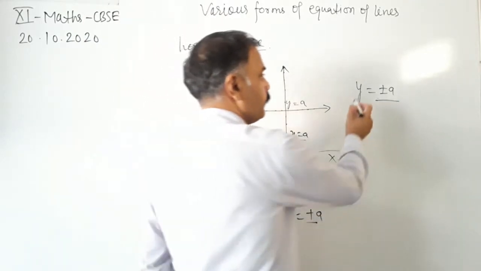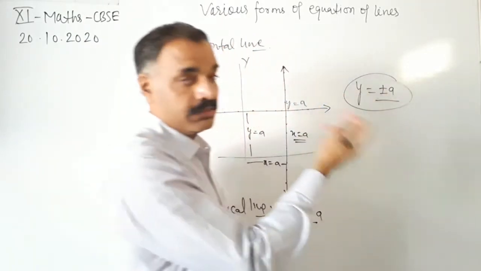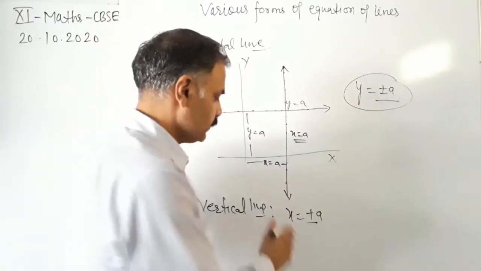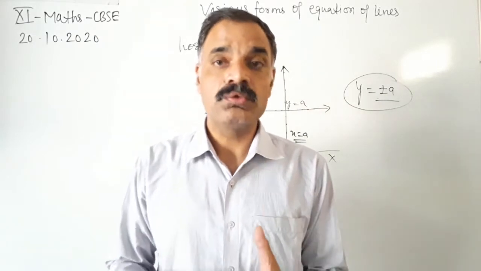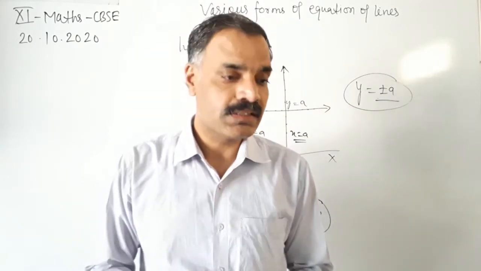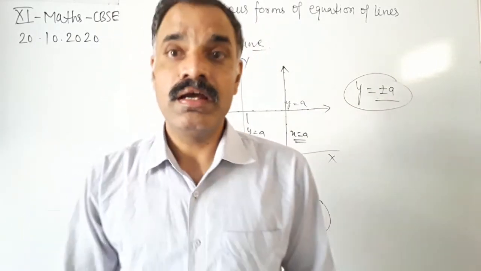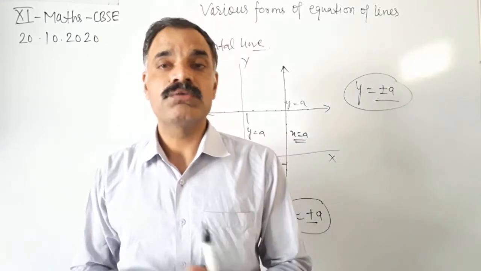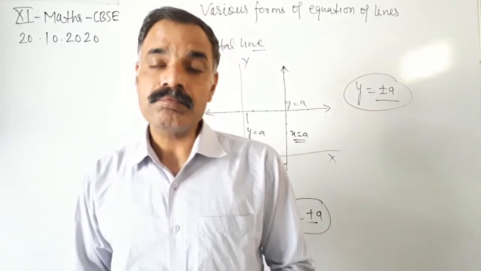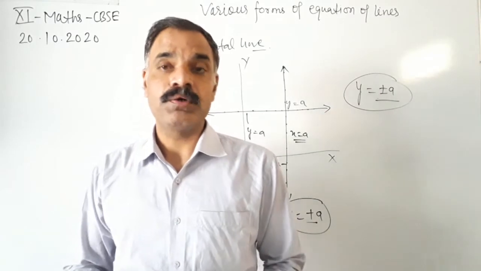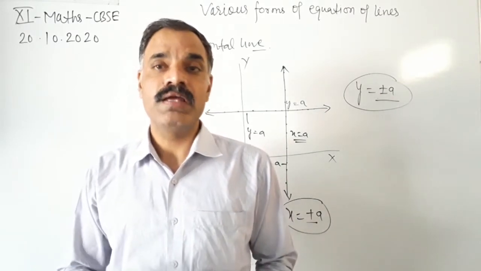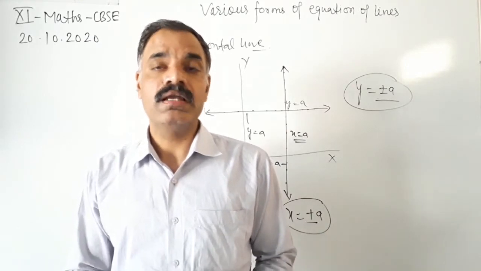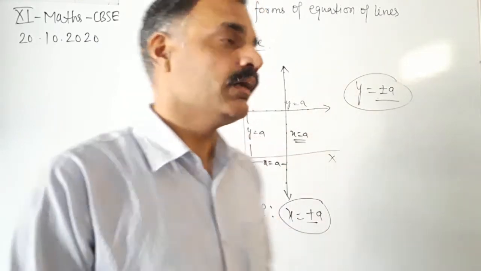Okay, so the equation of a horizontal line is this, and the equation of a vertical line is this. These are two different forms. Now we will discuss the point and slope form of the equation of the line. If we have been given one point on the line and also the slope, then we can find the equation of the line.